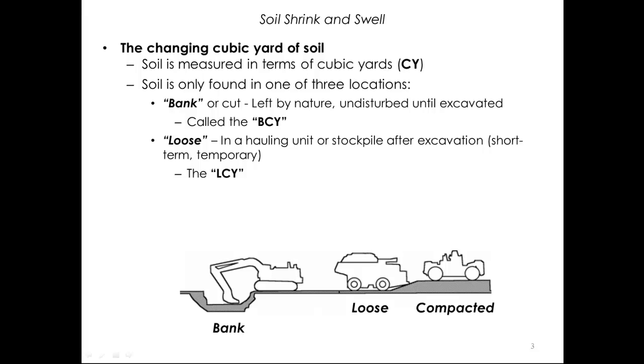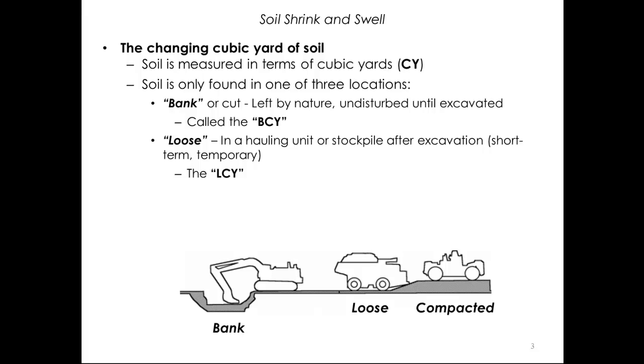Our next possible location is in the hauling unit, which is just another term that would include trucks, scrapers, loader buckets, or anything else used to transport soils from one location to another. In the process of excavating and placing soils into a hauling unit, the soils are loosened or fluffed up.